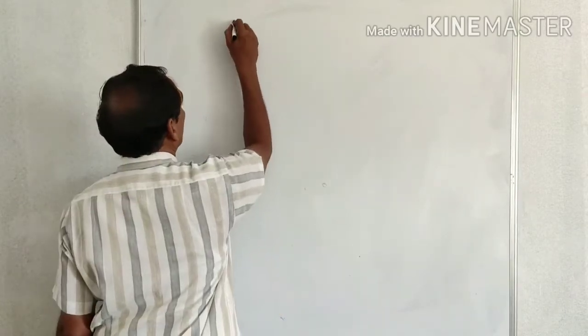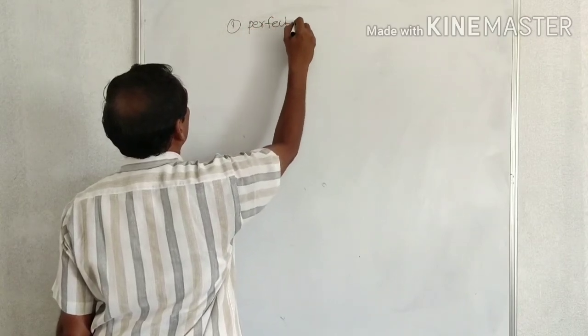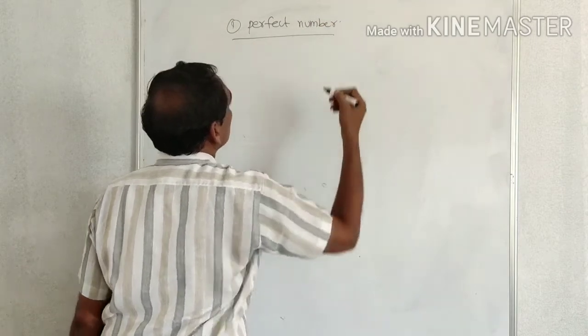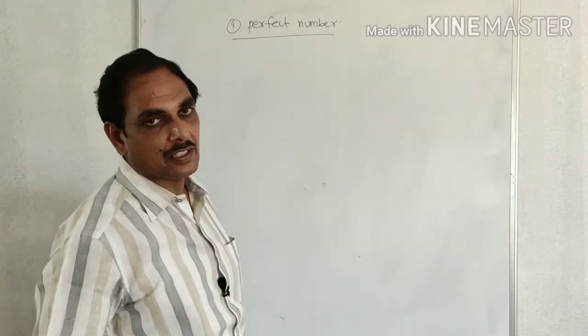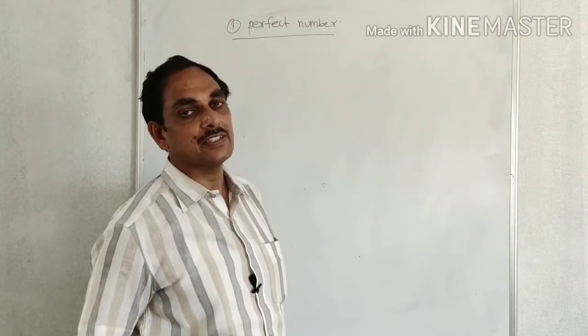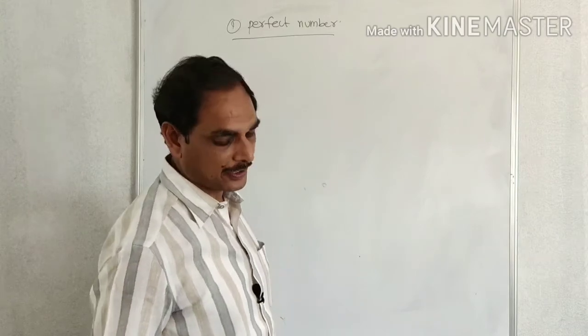Number one, perfect number. Perfect number means the sum of all factors of a number is double the number. Then the number is called a perfect number.